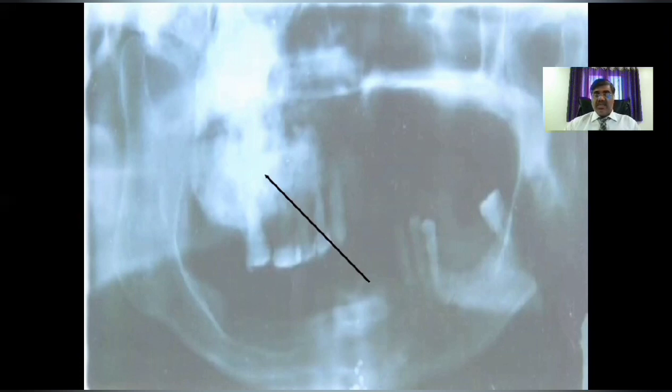In the early stage, fibrous dysplasia will have a radiolucent appearance, and as it progresses, it will have a mixed radiopaque and radiolucent appearance, and towards the mature stage, it will become more radiopaque. As this patient is very old and it is a long-standing case of fibrous dysplasia, it has matured sufficiently and appears as a dense radiopacity merging with that of the adjacent normal tissue.